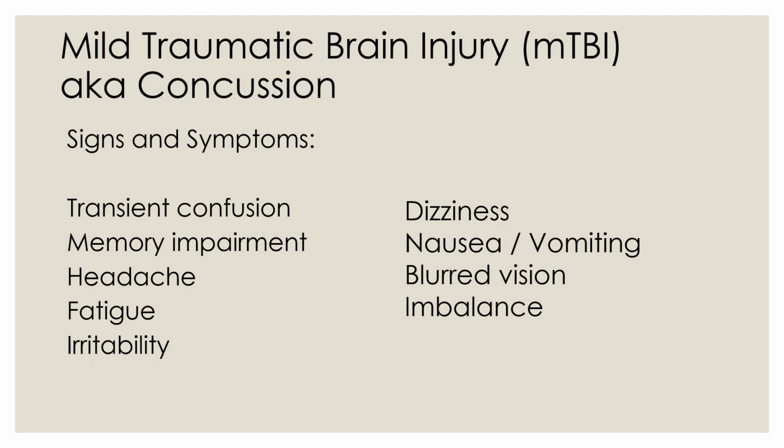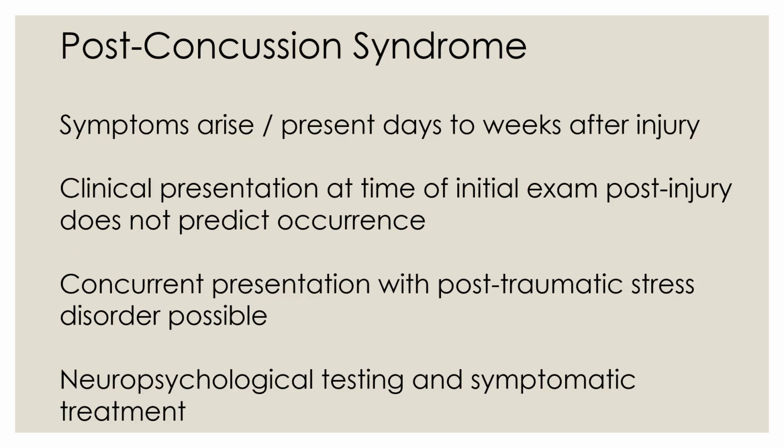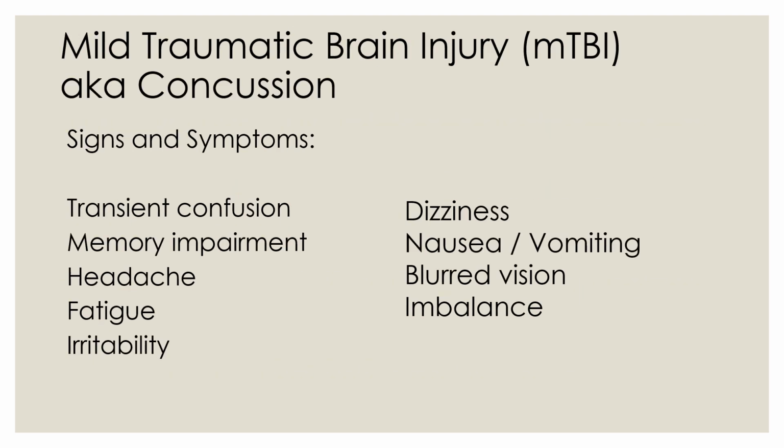Blurred vision without obvious double vision or focal visual disturbances, and along with the dizziness, some balance issues. And again, it would be these symptoms without any evidence of bleeding, of fracture, of more serious injury.